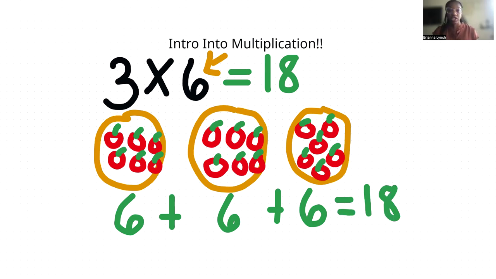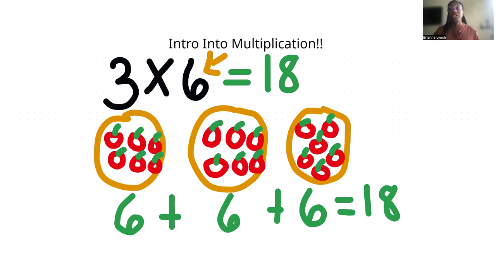The goal with multiplication now is to hopefully memorize all of your facts. So that is what you're going to be learning how to do with your binder, is that you're going to be learning how to multiply at a faster rate, because this is going to help you when you do other things in third grade in the future. This skill is an important skill to get.